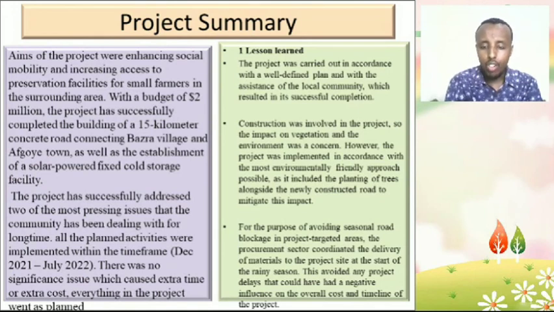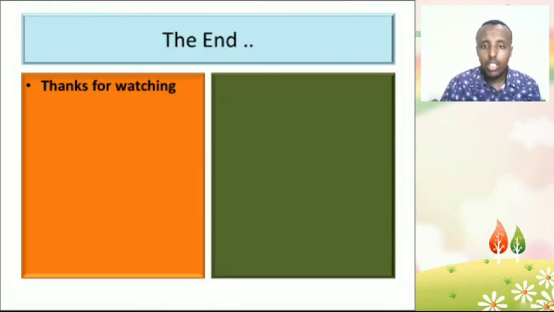To avoid seasonal road blockage in the project target area, the team coordinated the delivery of materials to the project site before the start of the rainy season. This avoided project delays that could have had a negative influence on the overall cost of the project.